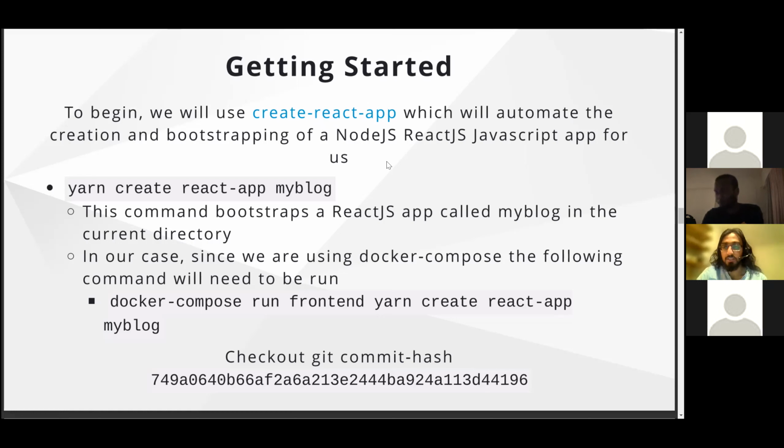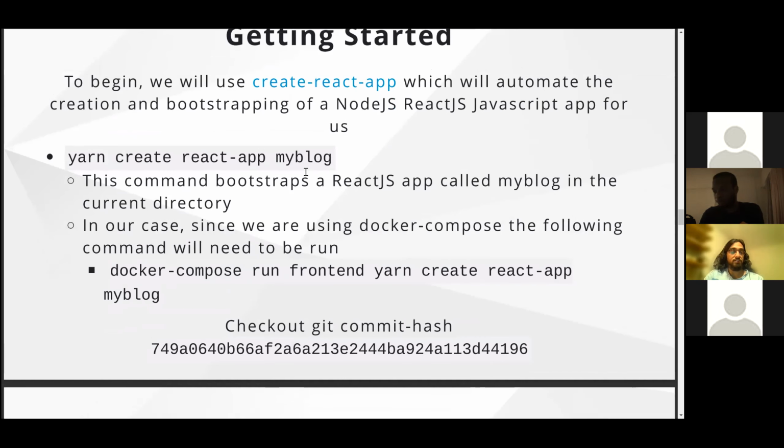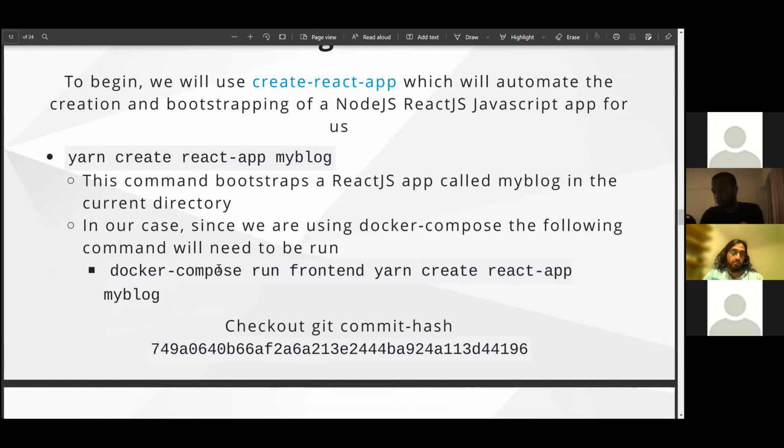So if you were starting from a vanilla application, you would run, in this case, because we're using yarn, yarn create react-app, which tells it to create a React app, and you give it a name. In this case, we'll be using my-blog. If you're following along from a vanilla state, you can run this command: docker compose run frontend yarn create react-app my-blog, and it will do so.